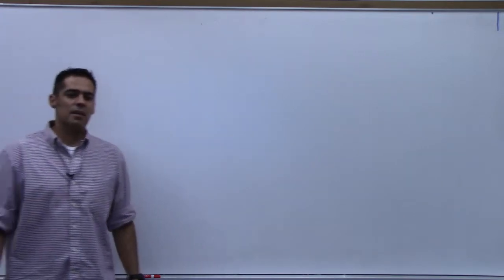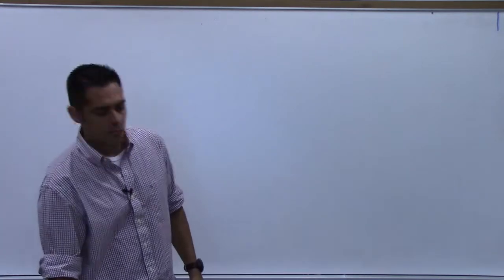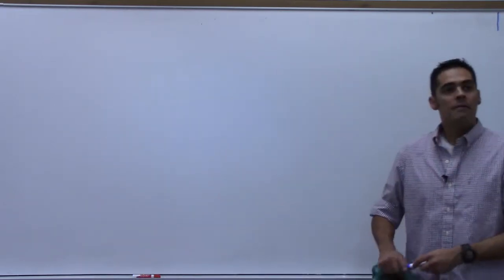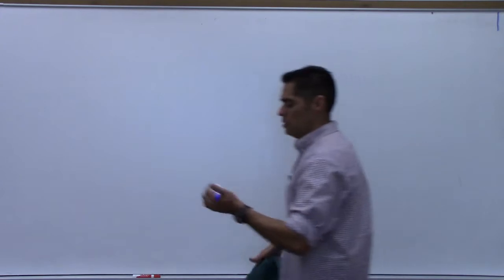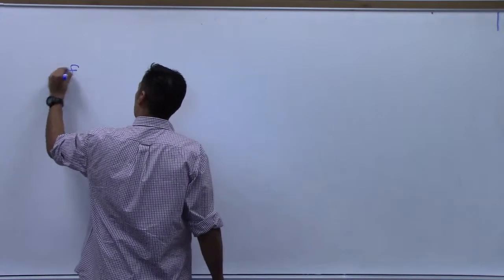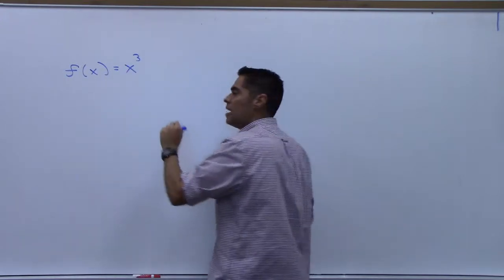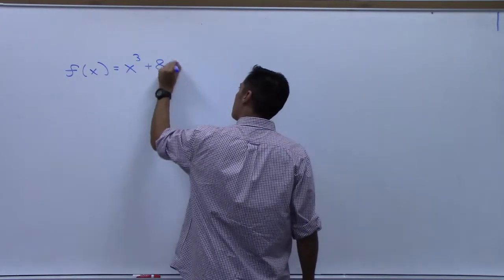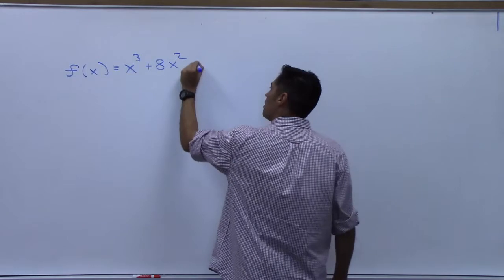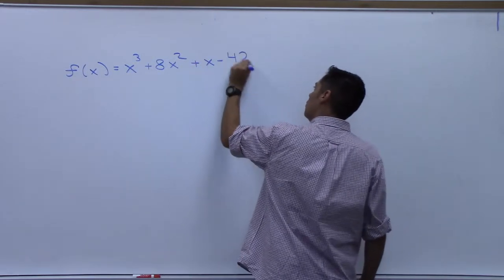So let's take a look at this, and let's try and sketch this. f of x is x cubed plus 8x squared plus x minus 42.